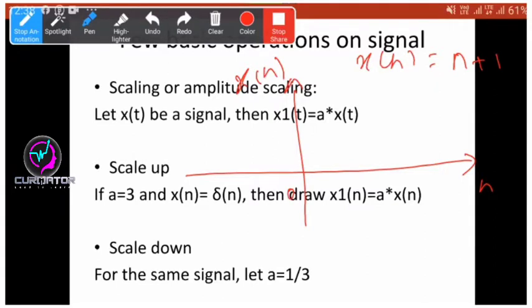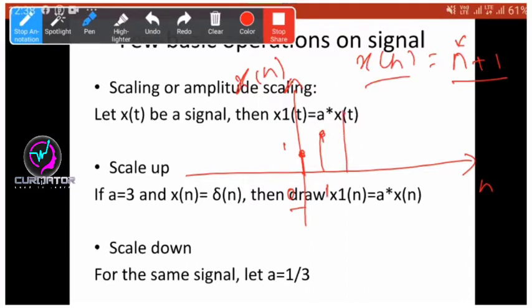When n is equal to 0, x of n will be x of 0, so n will be replaced with 0 here, so x of 0 equal to 1. So x of 0 is 1 for n equal to 0. When we consider n equal to 1, then x of 1 is equal to 1 plus 1, 2. Here n is equal to 1.